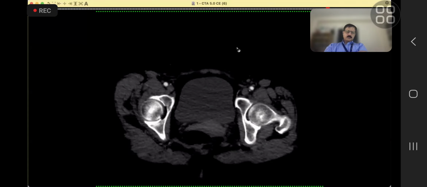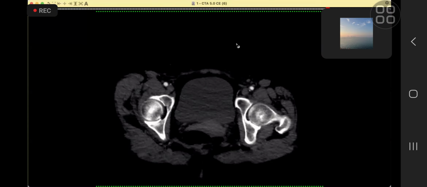My conclusion: this is a case of acute aortic dissection involving the distal arch and the ascending aorta, with the formation of a thrombosed false lumen. It's also complicated by segmental infarction of the right kidney.